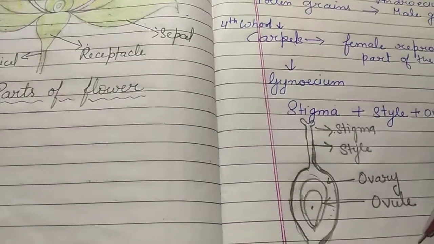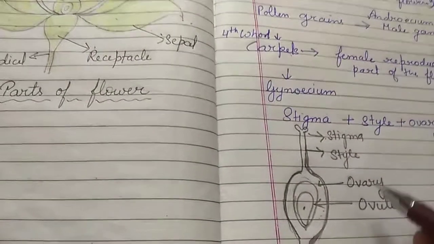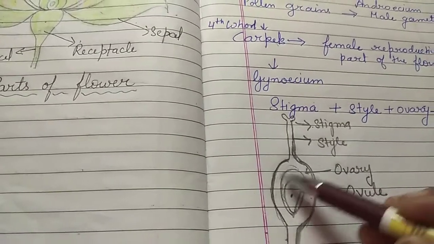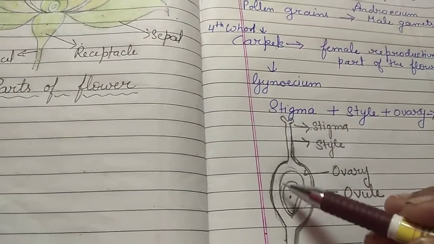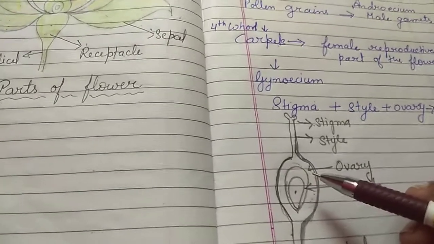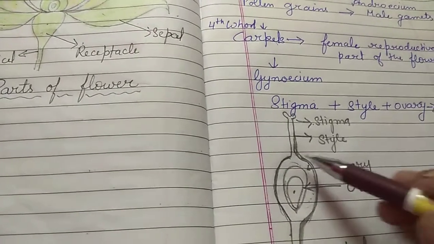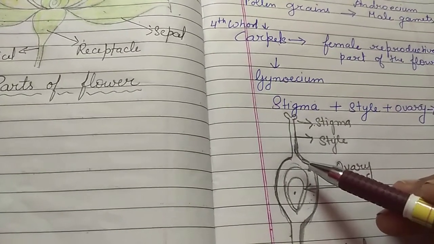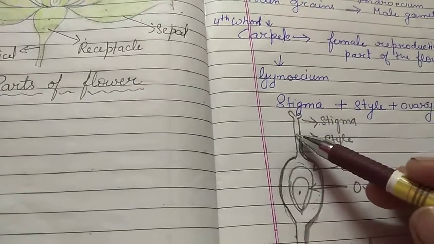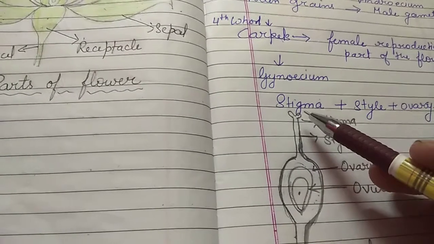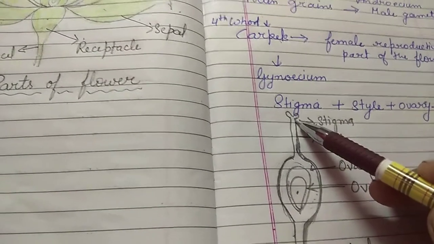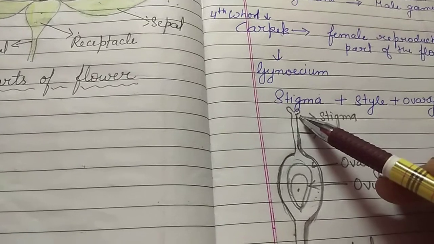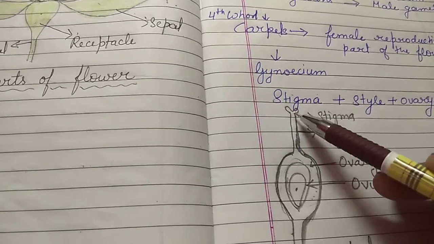Okay, the basal swollen part is called ovary. This swollen part is called ovary. Okay, ovary continues into a long tube called style, and ends in a knob-like part at the top called stigma.